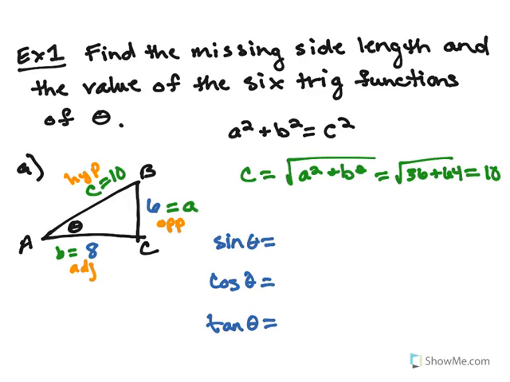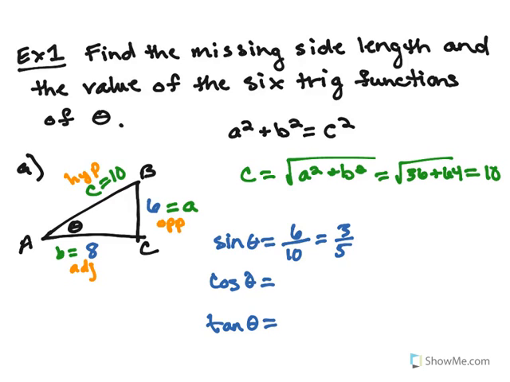Okay, so from SOHCAHTOA, sine is the SO part, it's opposite over hypotenuse. My opposite side length is 6. My hypotenuse is 10. And that fraction can be simplified. We always want to simplify them. So that will simplify to 3 over 5.